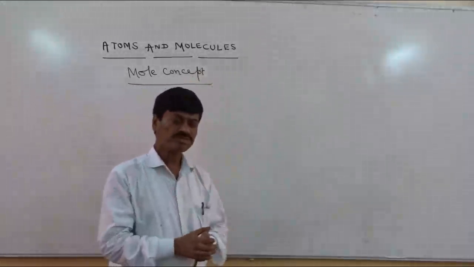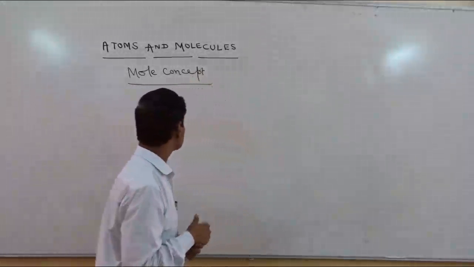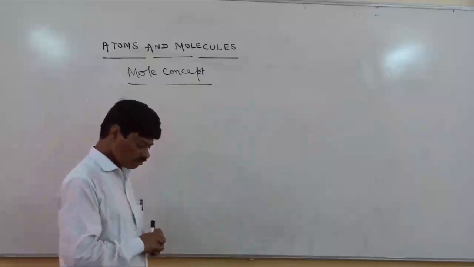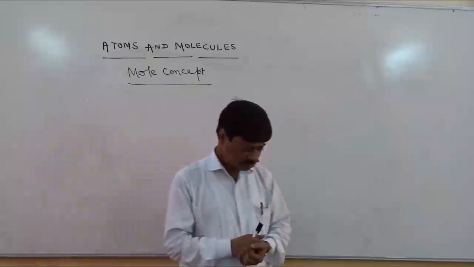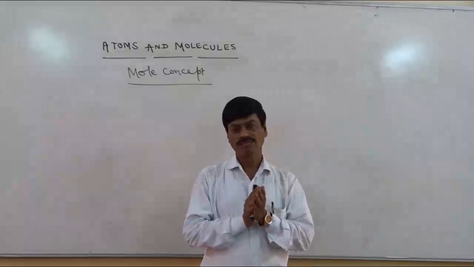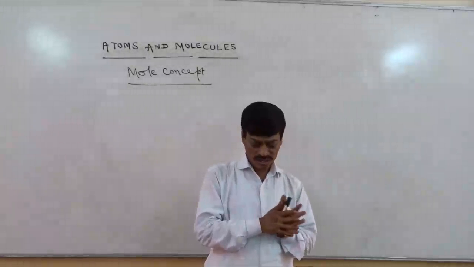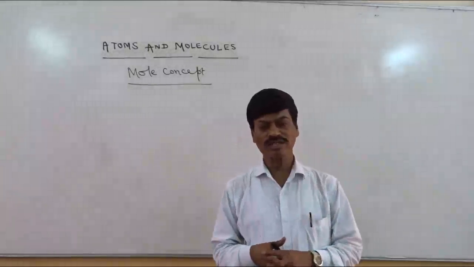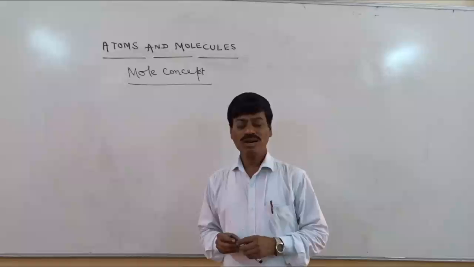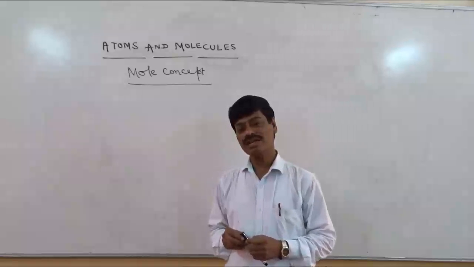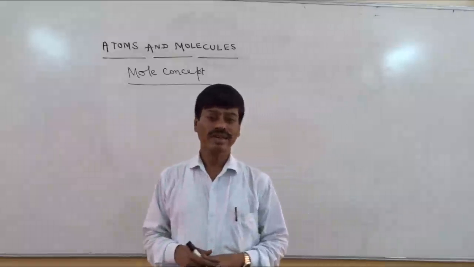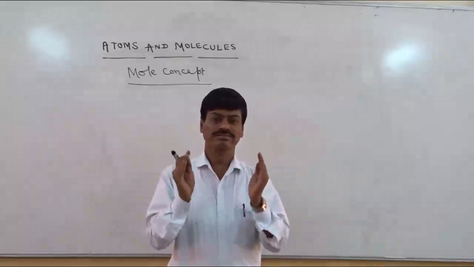As I told you, this is there in class 11th and 12th. Now let us see how to define mole. Before that, let me explain about eatable things. When we go to a grocery shop, when we want to purchase a particular material, then we will ask the price of that material per kg, right? So here kg is quantity.